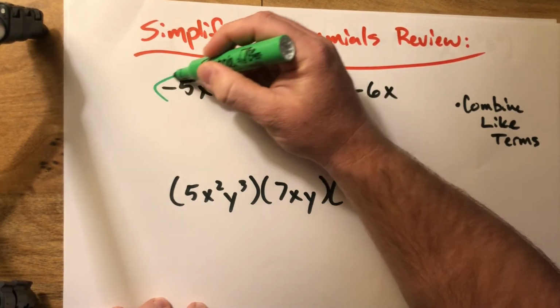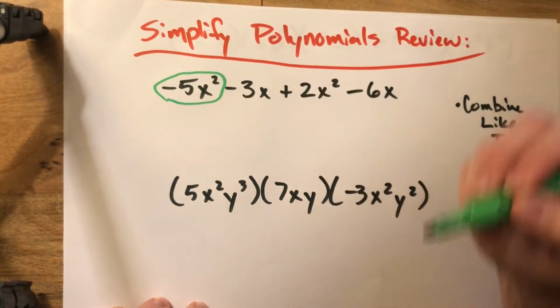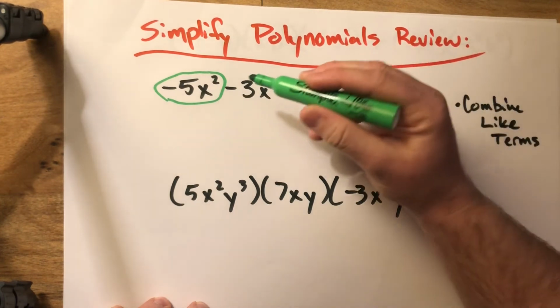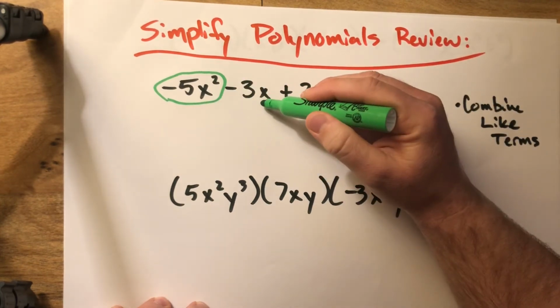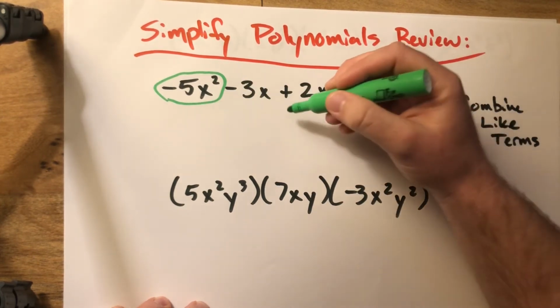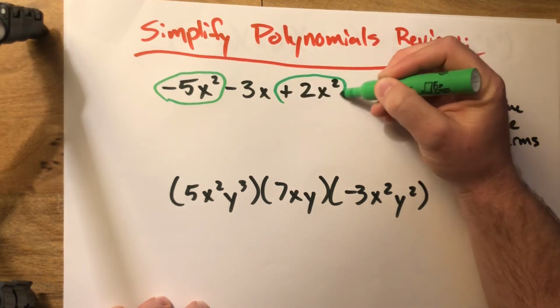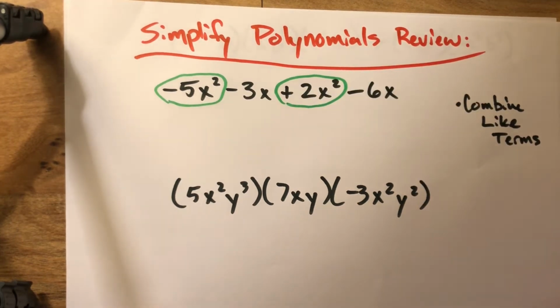So I see we have negative 5x squared. That would not be the same as just x, but would be the same as 2x squared, but not the same as negative 6x.